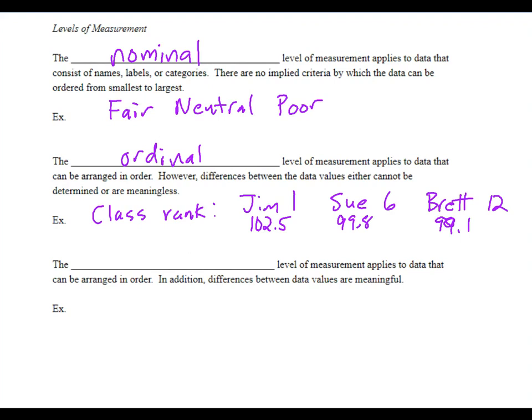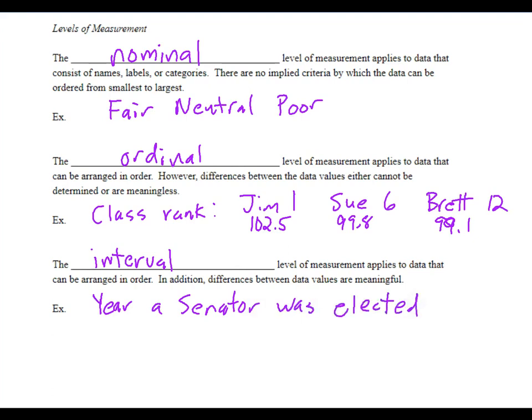The next type of level of measurement is interval. This is similar to what we were talking about with ordinal, but this is where the differences are meaningful. So for example, the year a senator was elected can be ranked, and also the subtractions of those years do have meaning.